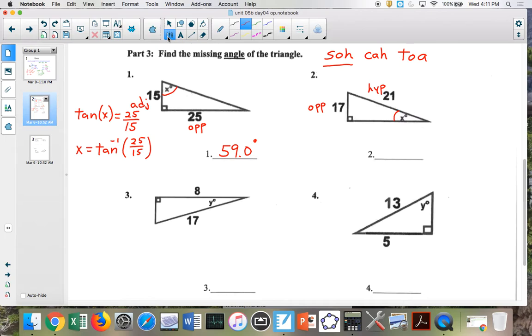So you write your equation. Sine of angle x equals opposite, which is 17, over hypotenuse, which is 21. So to find the angle, we're going to do the inverse sine, second sine, of 17 over 21.